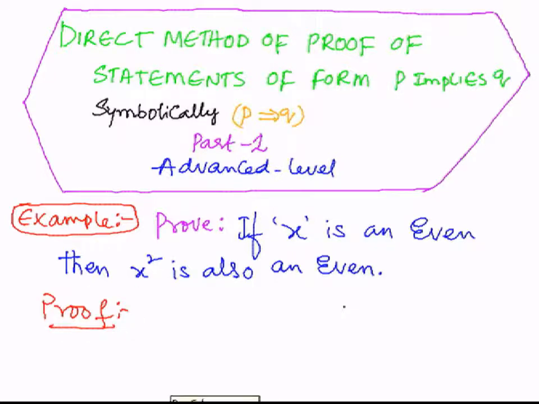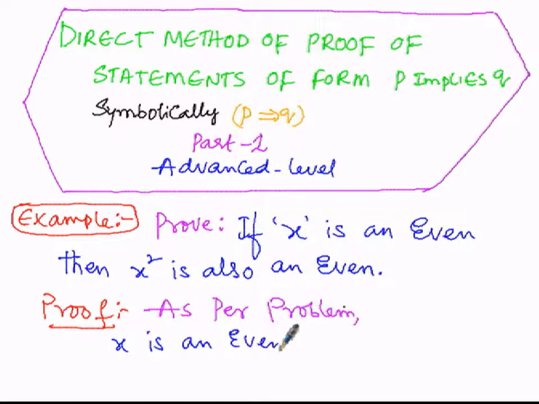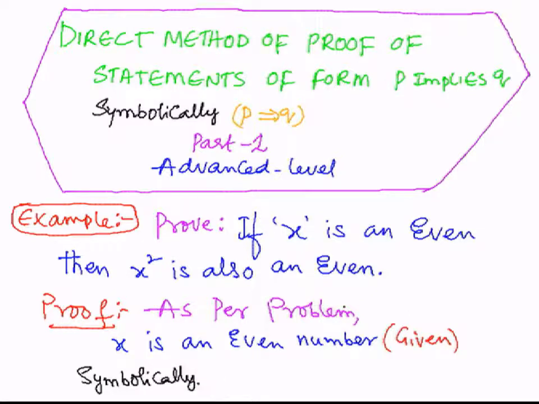So in our proof, as per the condition which is given, x is an even number, which is already given. Symbolically, I am going to write it as x equals even number.